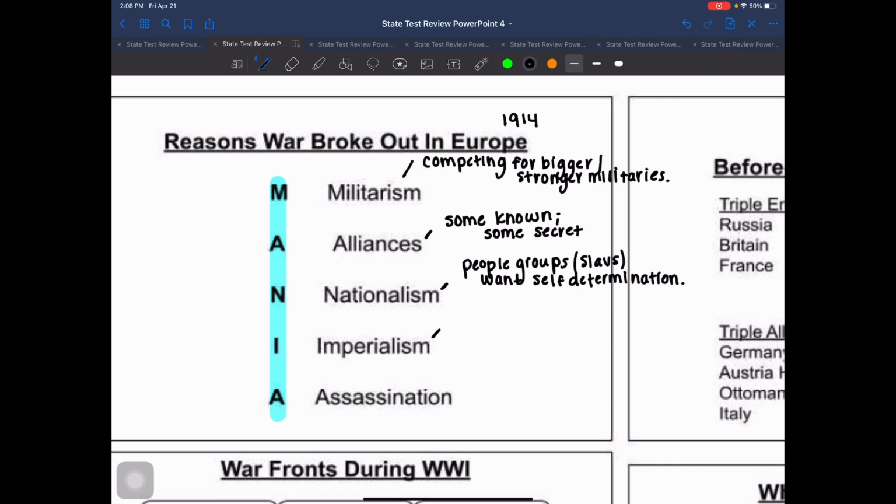So I want you to write that these European nations are competing over land, their colonies, by the way, throughout places like Africa and Asia.